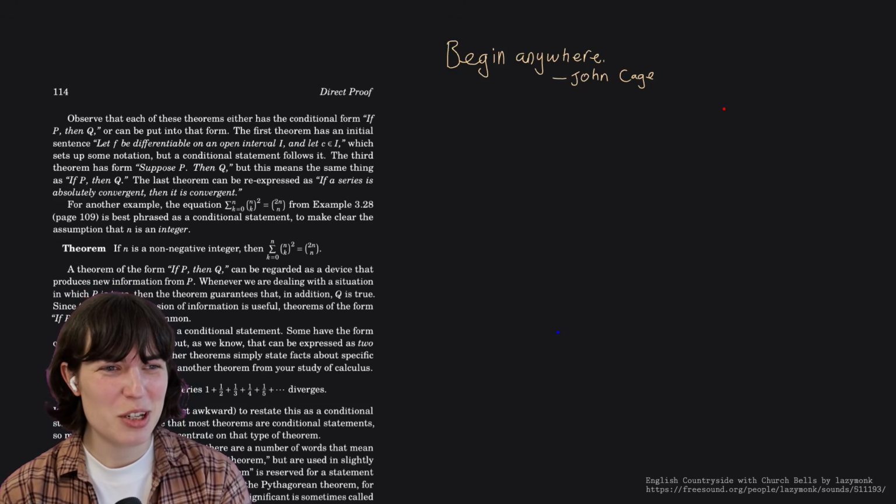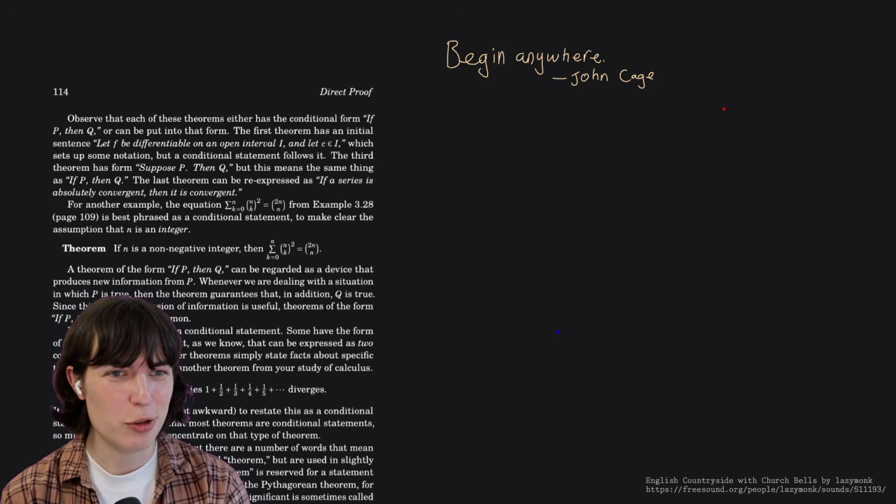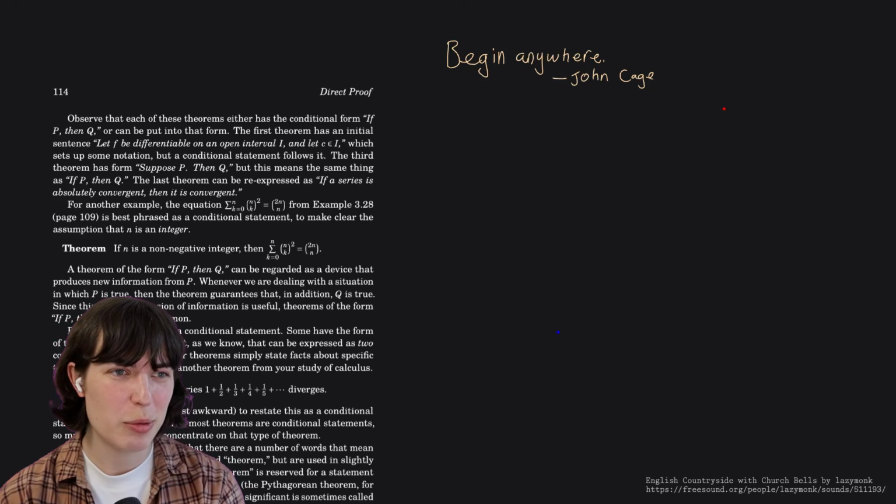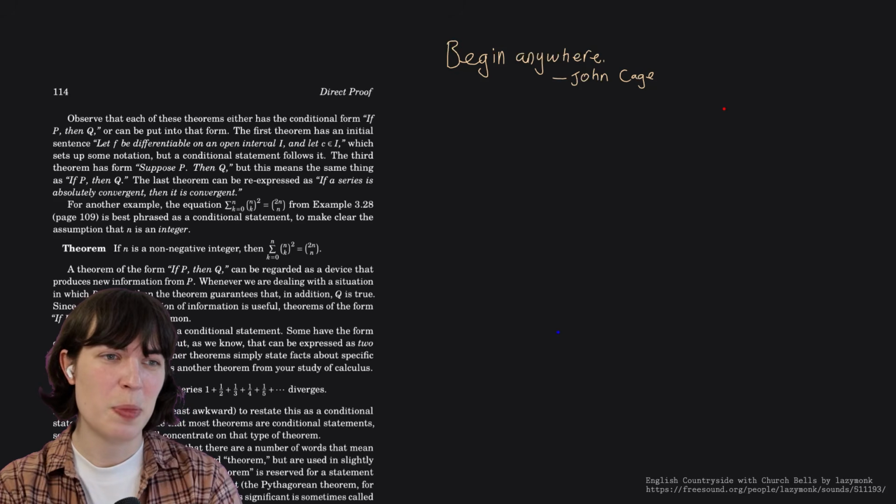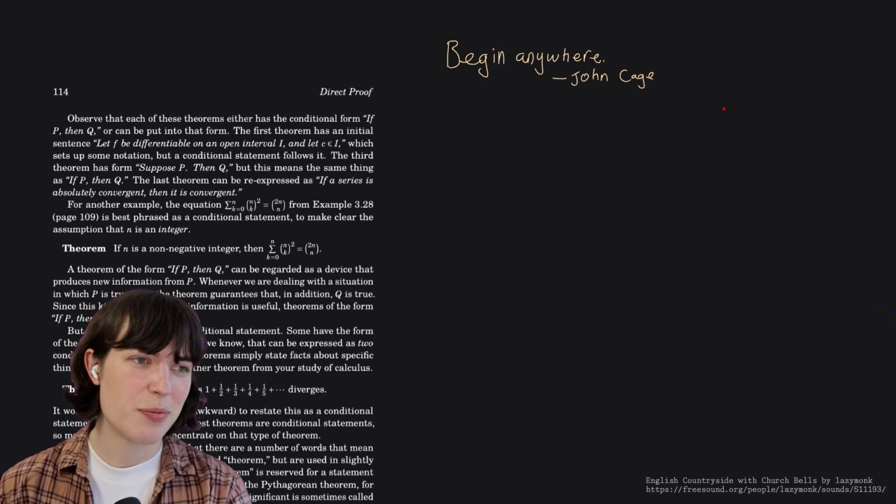Observe that each of these theorems either has the conditional form, if P then Q, or it can be put into that form. The first theorem has an initial sentence, let f be differentiable on an open interval I and let c be a member of I, which sets up some notation, but a conditional statement follows it.